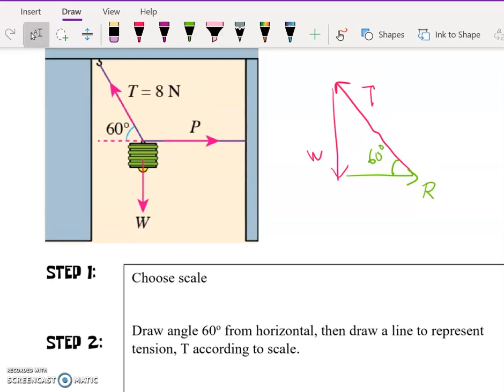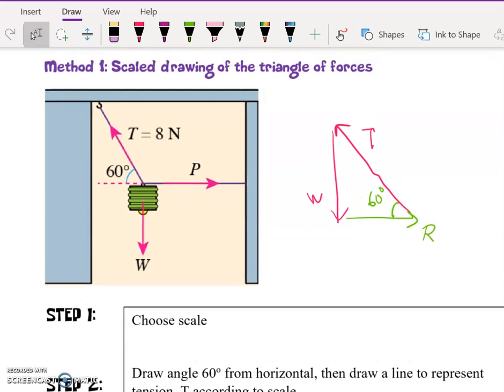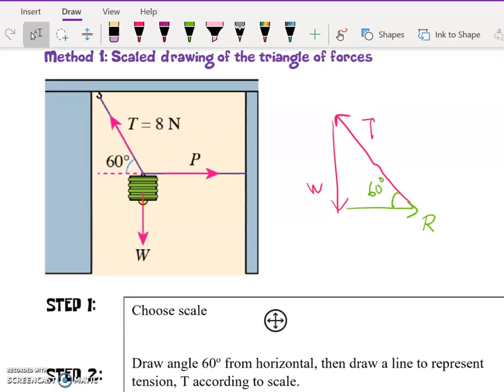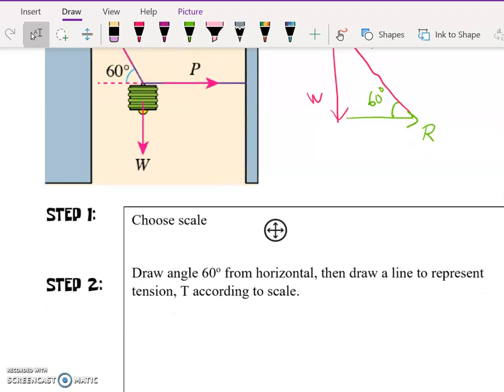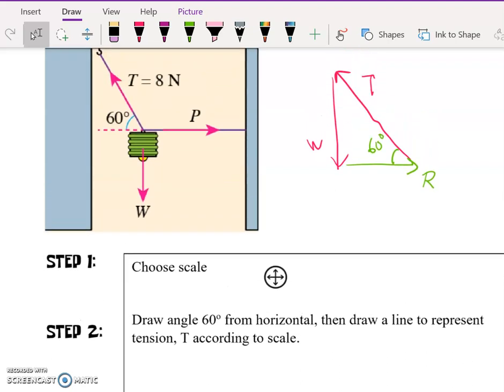Okay, so to have a full scale drawing, a correct one, you should choose a suitable scale. So in this diagram, I think a suitable scale is 1 centimeter to 2 Newton.